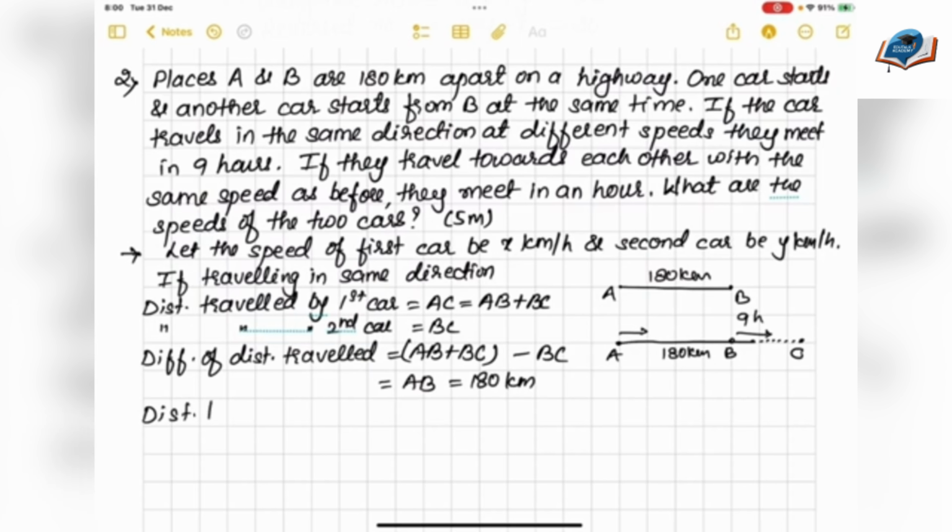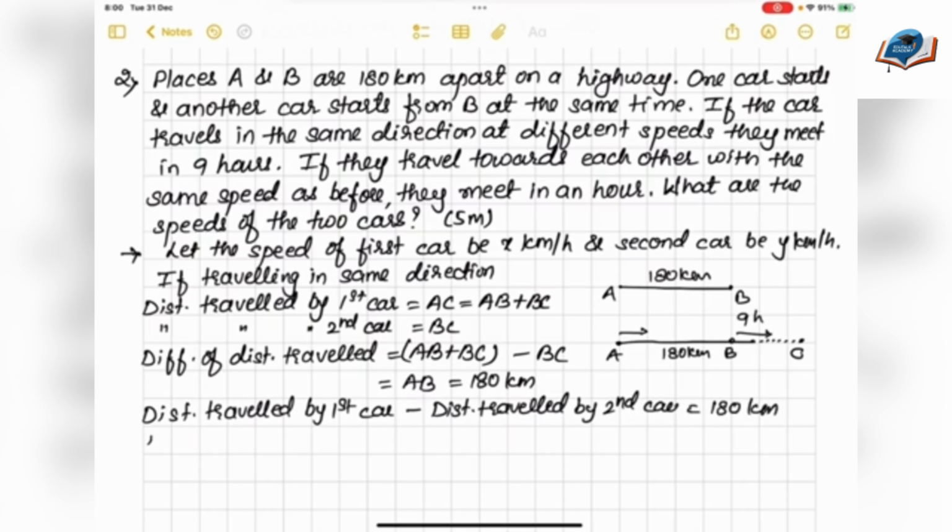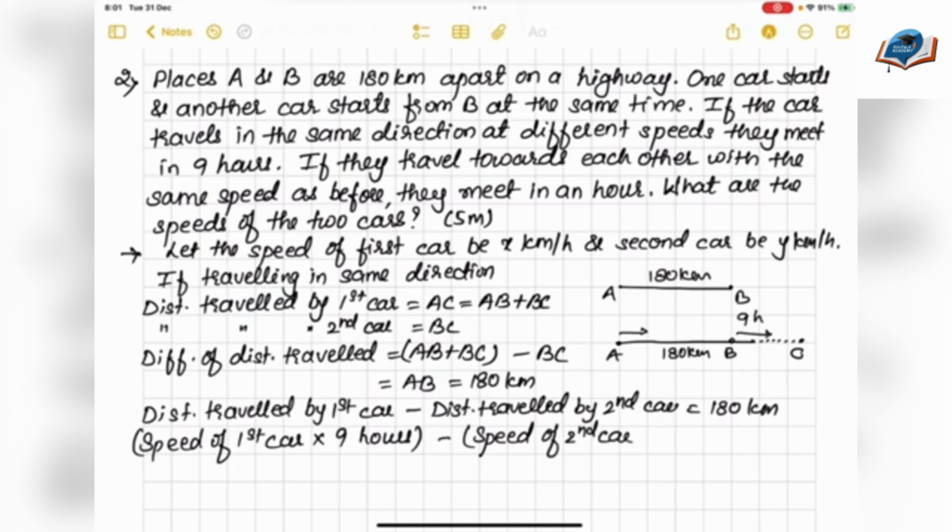So the distance traveled by the first car minus the distance traveled by the second car is 180 kilometers. The first car is traveling for 9 hours, so speed of first car into 9 hours, minus speed of second car into 9 hours, equals 180 kilometers. So 9x minus 9y equals 180.